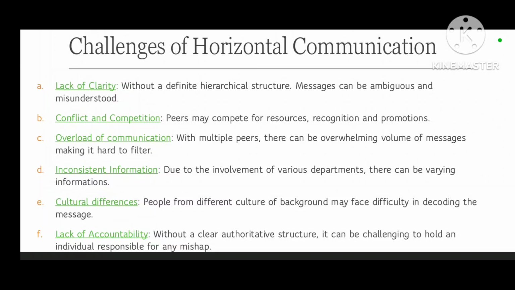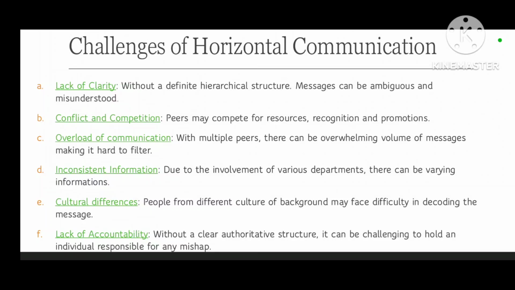So this overloading, this overwhelming volume of messages, also challenges the authenticity of the message, because you never know what exact message has been passed from the person, and until it comes to you, you never know that it is the same message, the authentic message. So overload of communication also results in the lack of clarity.